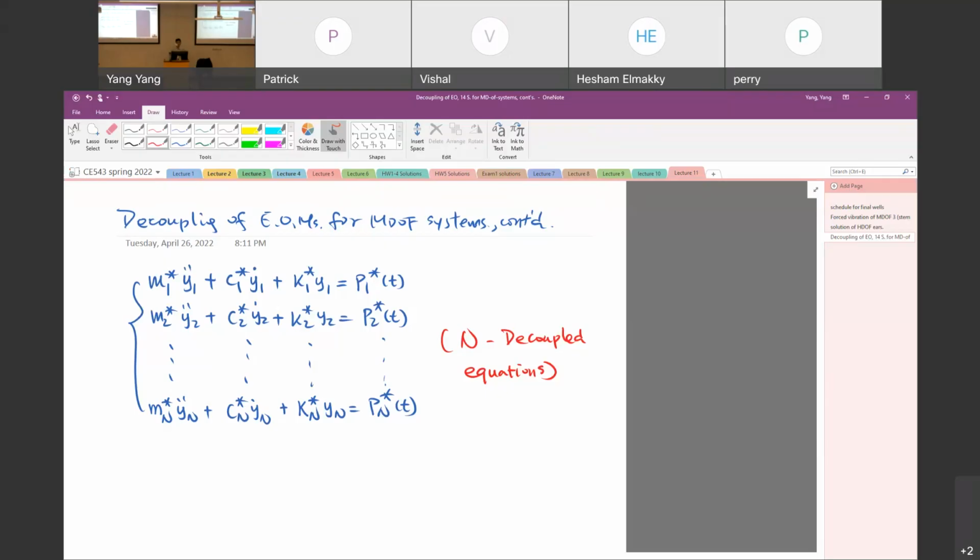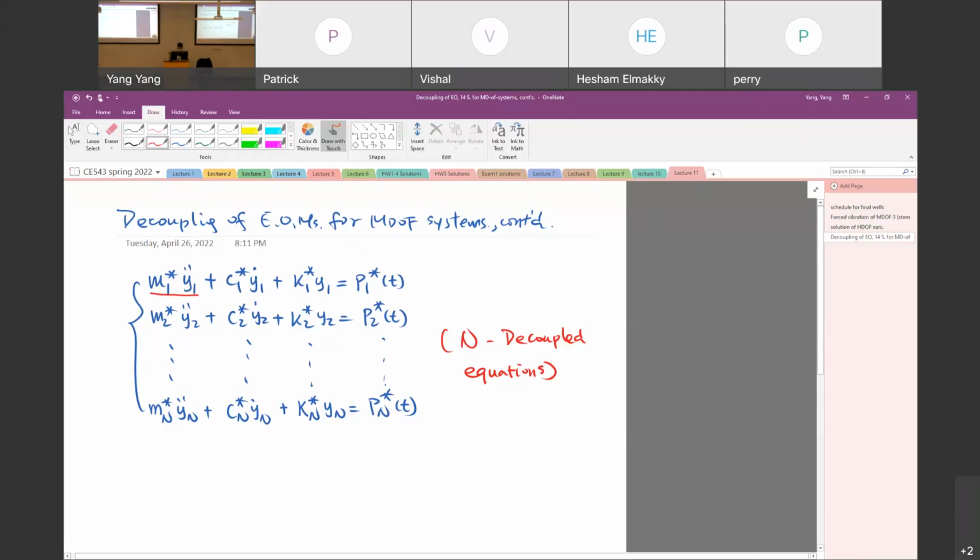So initially, the stiffness matrix, the mass matrix and the damping matrix, with the different mode shapes, they are coupled, but now we have the decoupled equations. Actually, each decoupled equation corresponds to a single degree of freedom.